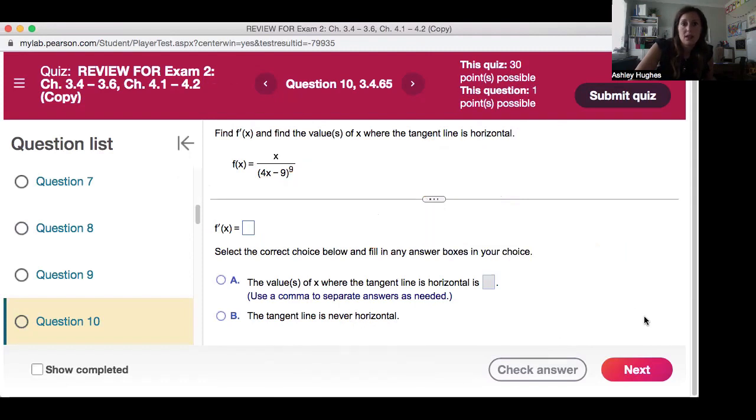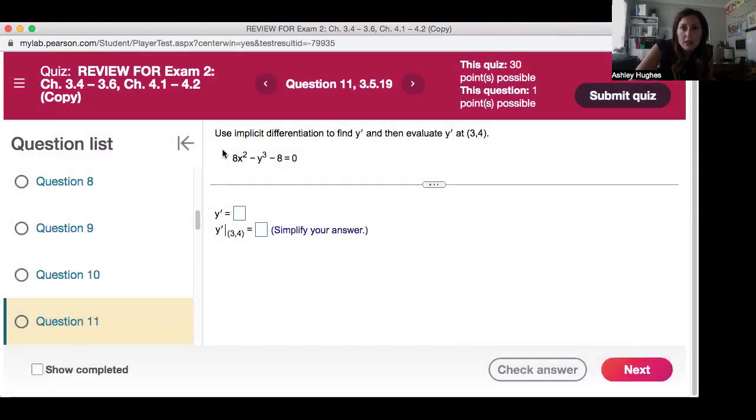Hold on. All right, let's do number 11. Use implicit differentiation. Okay, so implicit means you write dy dx after all of the y's. So the derivative of 8x is 16x. And then minus 3y squared dy dx. Minus 0 equals 0. And then solve for dy dx.